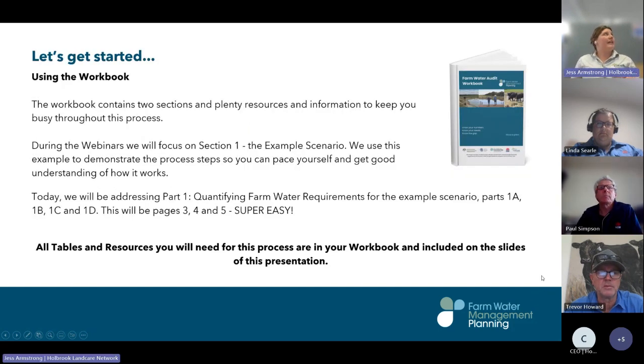So as I mentioned, in terms of using the work booklet, there's two parts of it. You've got the example scenario and then your data, essentially. Today, we'll be focusing on section 1, the example scenario, and we'll be addressing part 1, quantifying farm water requirements for the example scenario.